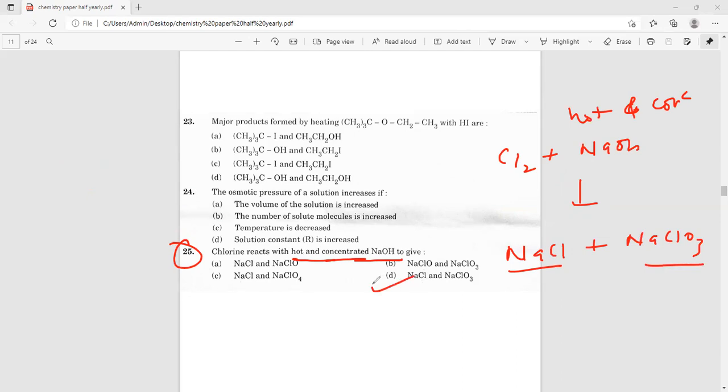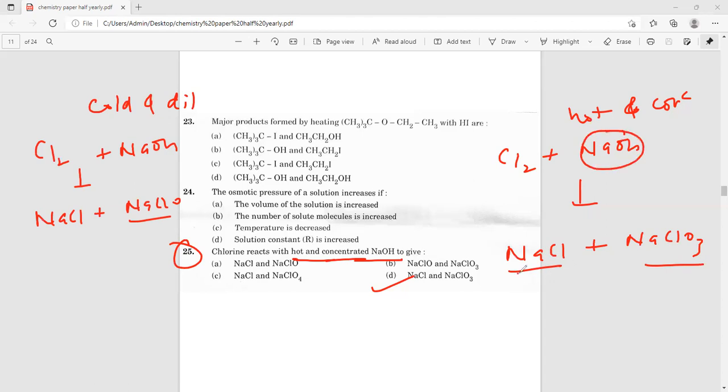Means D is the right answer. In case of cold and dilute NaOH, it forms NaCl and NaClO, hypochlorite, right? But here, hot and concentrated NaOH is there. Means the answer is NaCl and NaClO3, sodium chloride and sodium chlorate. So D is the right answer.